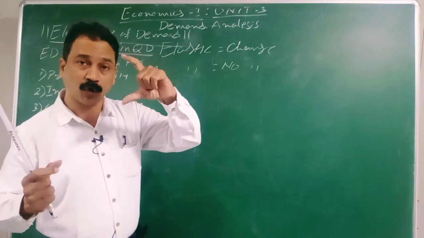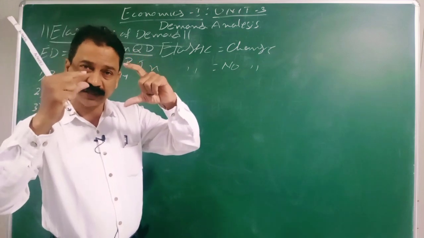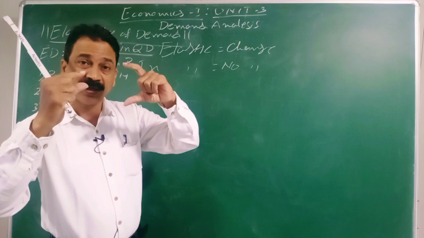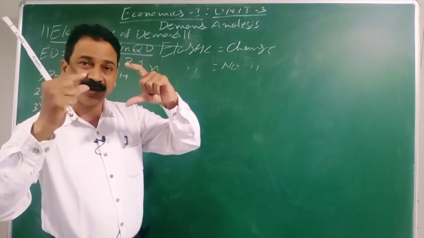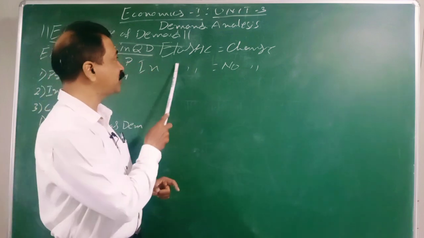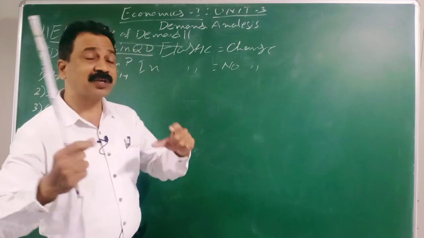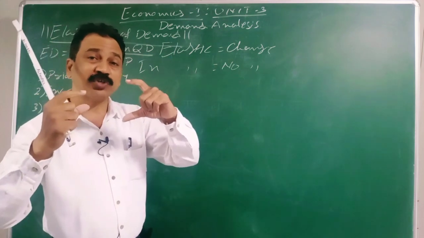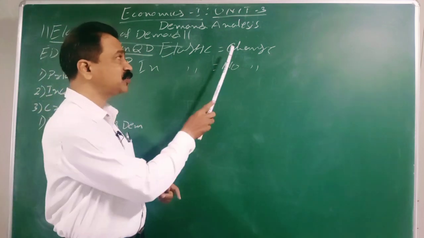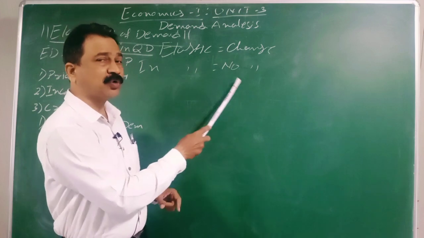If price change is more and demand change is less, relatively inelastic demand. Relatively inelastic demand. See here, inelastic means relatively no change. Elastic means change. Inelastic means no change.